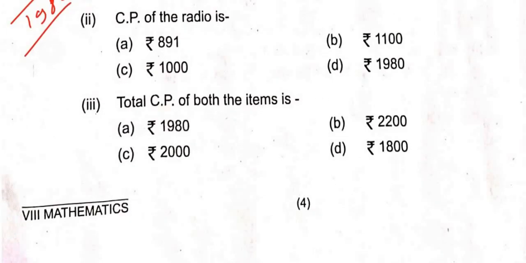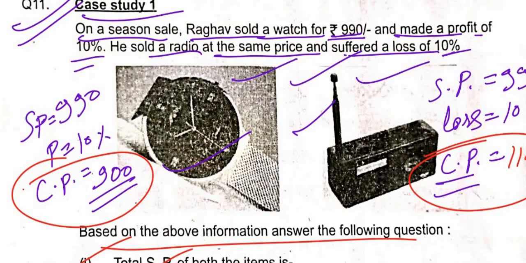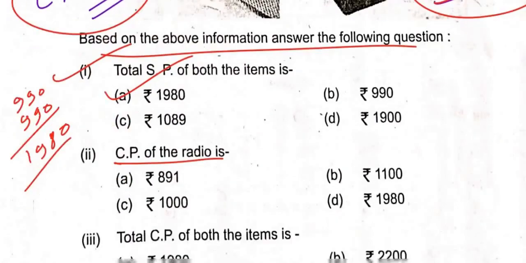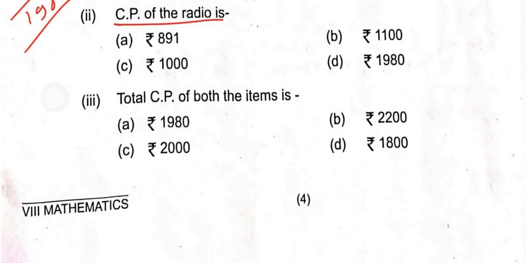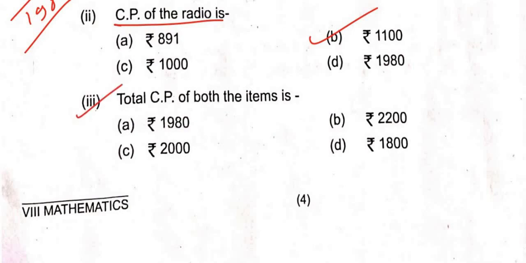Now moving to question number 2, cost price of the radio is, we have already solved the cost price of the radio. So the cost price of the radio is 1100. So option B will be the correct option, because 1100 is the cost price of the radio. Now moving to question number 3, total cost price of both the items.